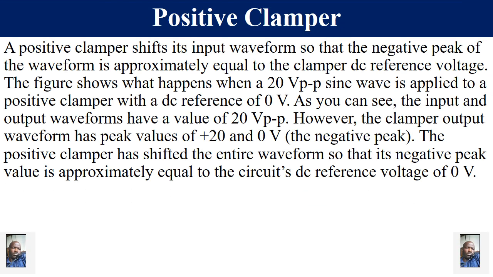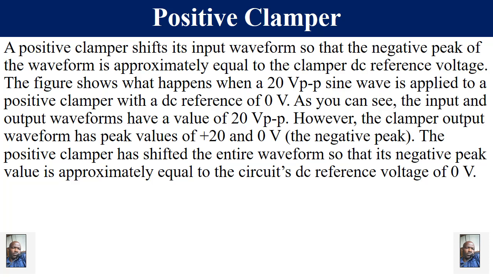An explanation for you: a positive clamper shifts the input waveform so that the negative peak of that particular waveform sits on the DC reference voltage of the clamper, which according to our block diagram is 0 volts. And this shows what happens when a 20 volts peak-to-peak sine wave is applied to a positive clamper having a reference voltage of 0 volts.